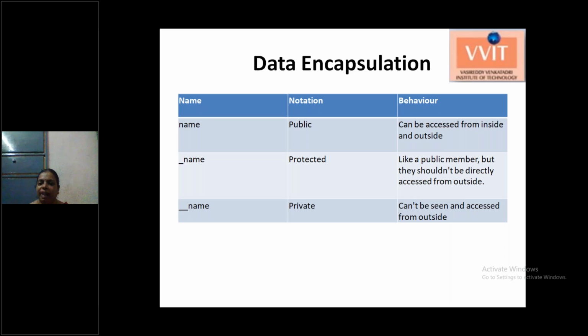Here we can hide the data from unauthorized functions or unauthorized classes. Unauthorized means whatever classes or functions are not related to the current class, and those are not able to access our data members.